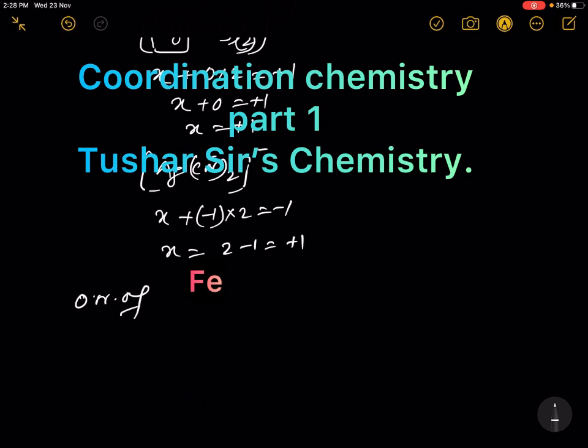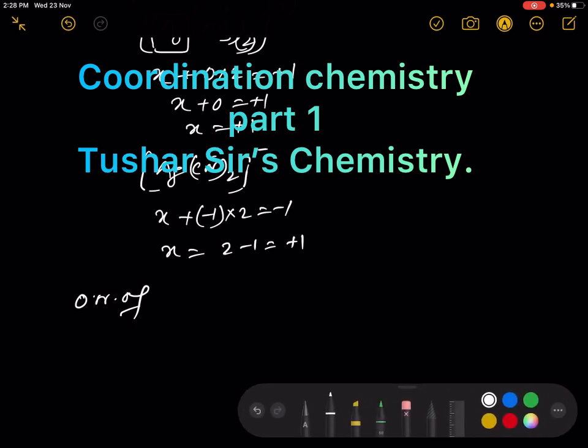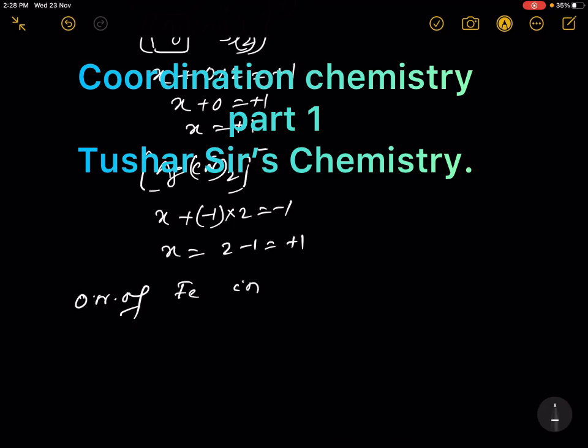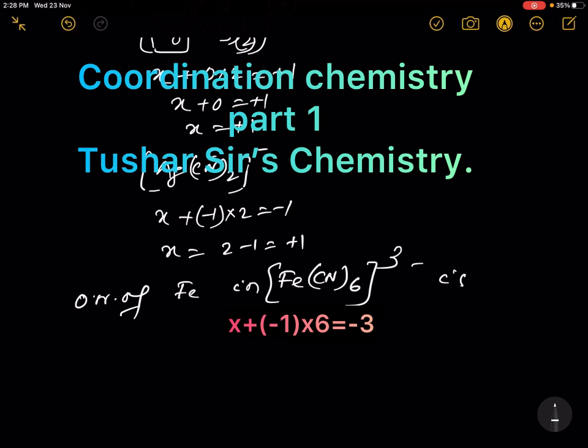Oxidation number of Fe in [Fe(CN)6] 3 minus is X. For cyanide it is minus 1 into 6 is equal to minus 6, so X minus 6 is equal to minus 3, and X is equal to 6 minus 3 is equal to plus 3.